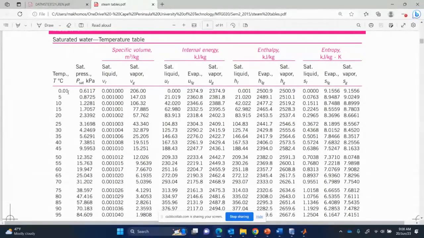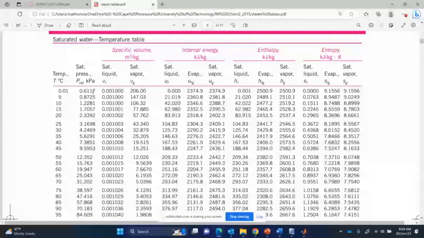So the first numbers are for the triple point of water. Remember last week we discussed that the triple point of water is a point at which all three phases are in equilibrium and coexist, where you have liquid, solid, and gas in equilibrium. So here are the temperature and the pressure properties of water.